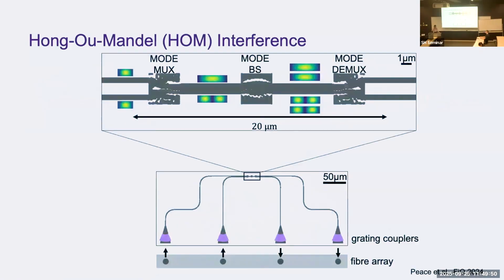So what we did was to put a mode multiplexer, mode beam splitter, mode demultiplexer. We have a Hong-Ou-Mandel experiment with a 20 micron footprint. It will do exactly the same thing as the Mohanty experiment, except that we use inverse design components and it's smaller.